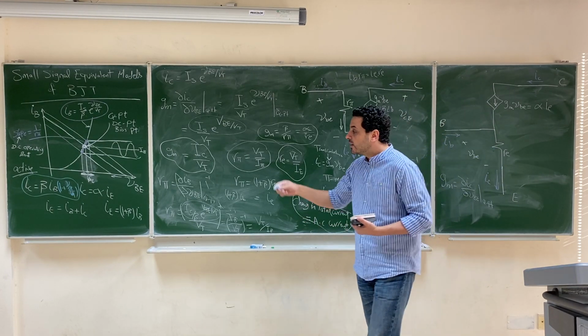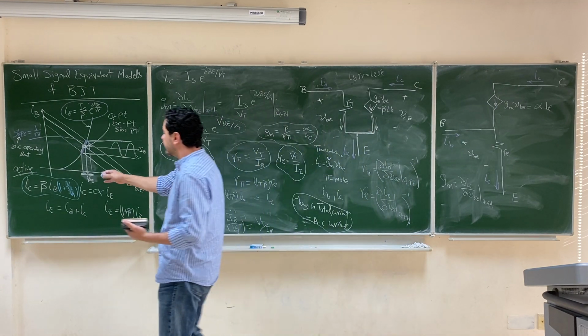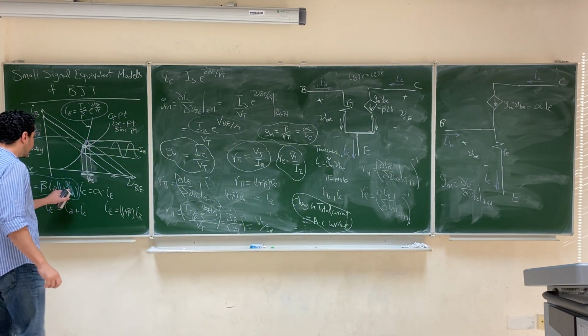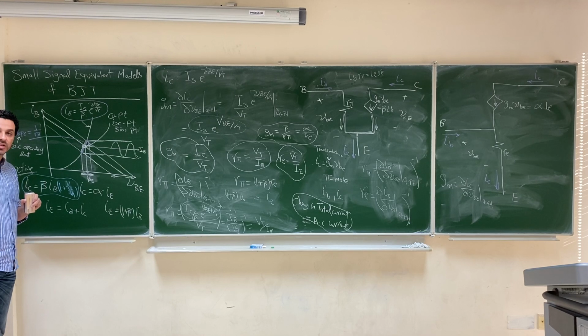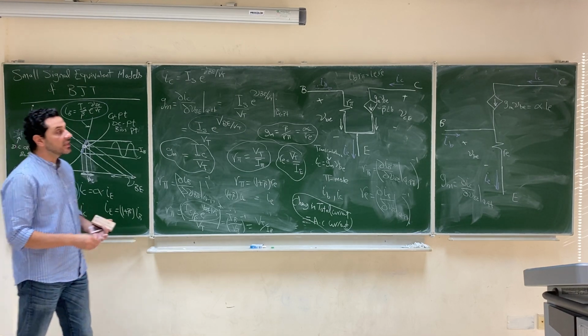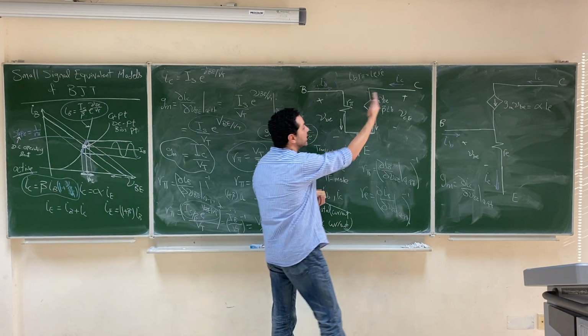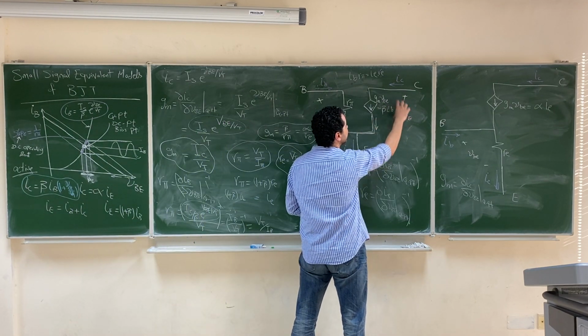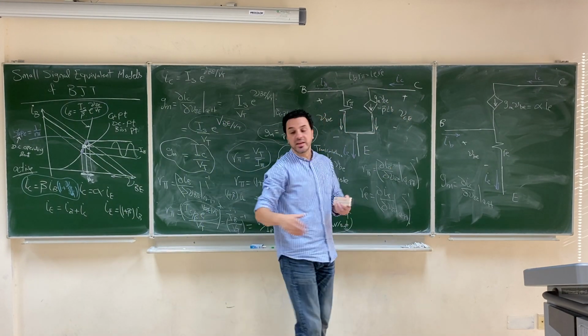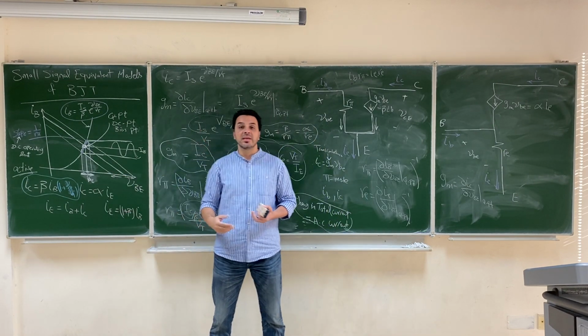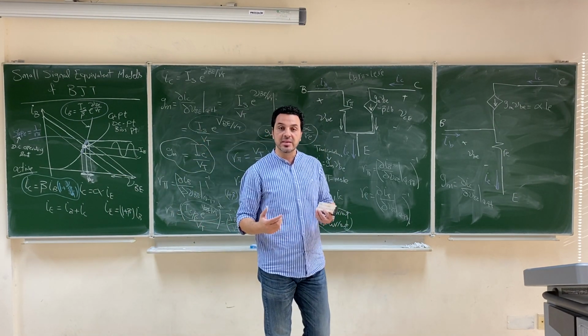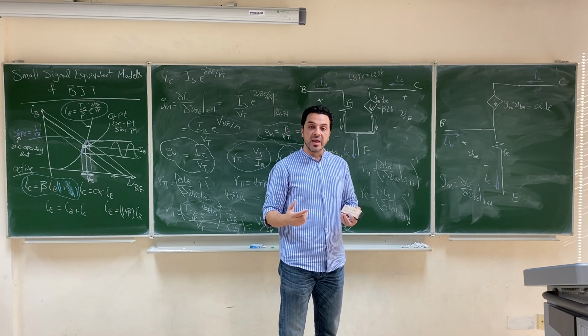Again, if we notice the relation between IC and VCE here, we notice that it is kind of a linear relation, right? And the linear relation between IC and VCE can be represented because they are on the same side of the circuit. IC and VCE are on the same side, and they have a linear relation between them. This can be represented by a resistor.